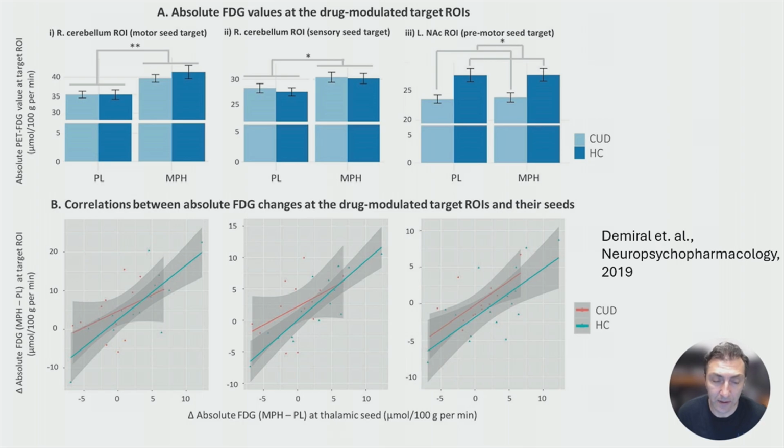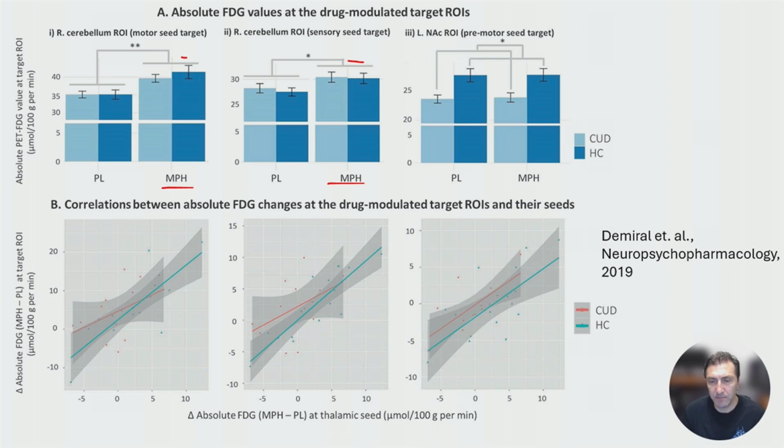Following this, we also looked at methylphenidate's effects on glucose metabolism. What you see here is that at the target ROIs, like the cerebellum, we were able to show that methylphenidate increased glucose metabolism, but it did not increase glucose metabolism in the nucleus accumbens ROI.